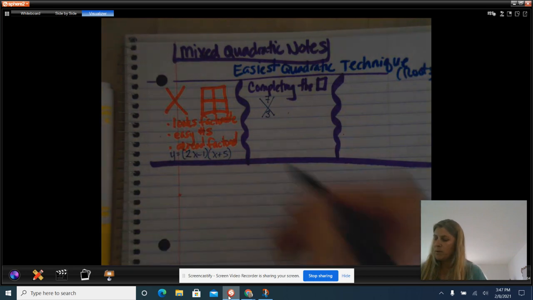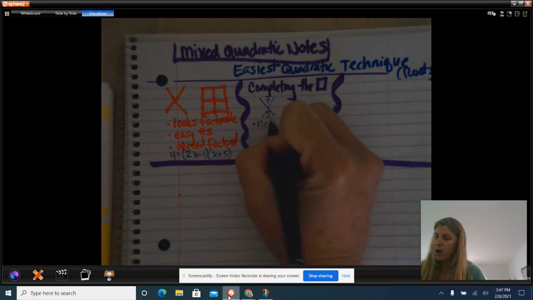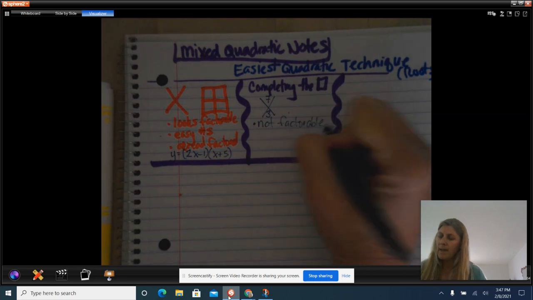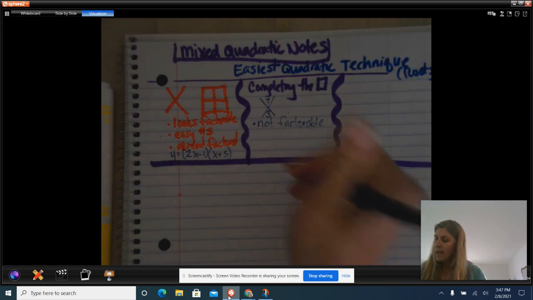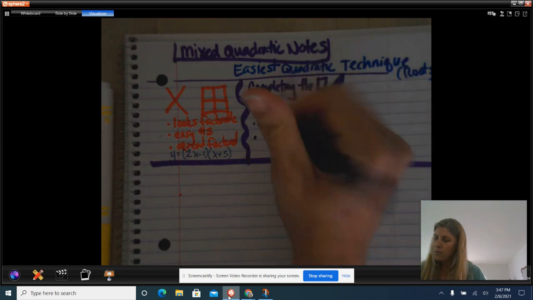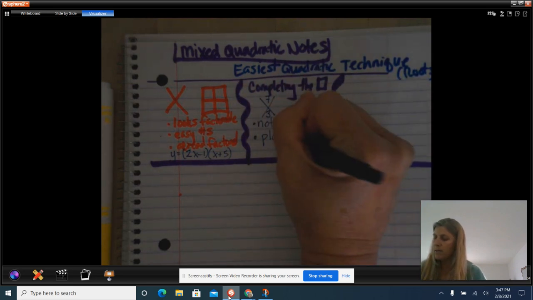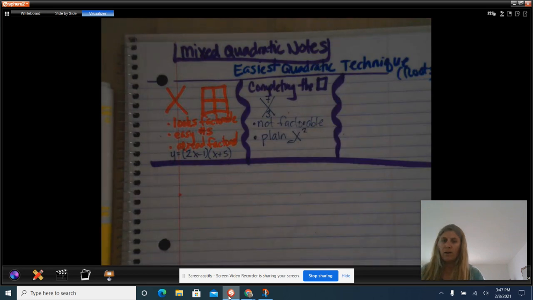So sometimes we use completing the square when it's not factorable using that diamond problem. We like to complete the square when there is a plain x squared. We don't like there to be a number in front of the x squared, otherwise it's a lot more work.